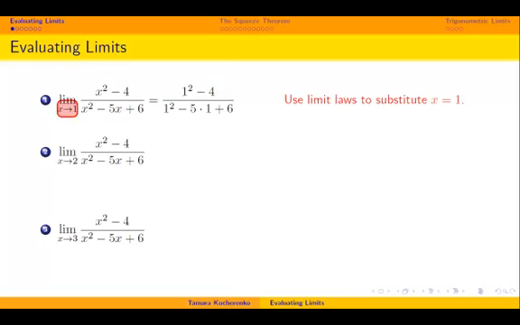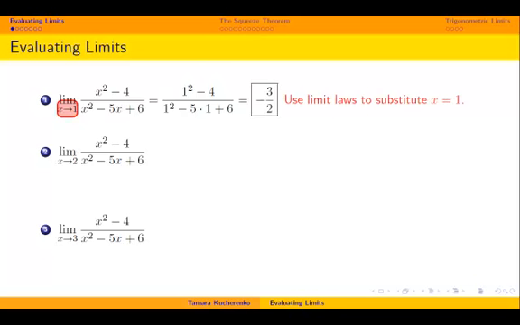We obtain 1 squared minus 4 divided by 1 squared minus 5 times 1 plus 6 equals -3 halves. So the limit as x approaches 1 of our function is -3 halves.